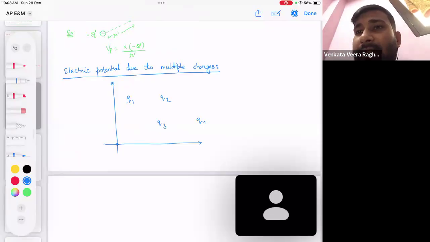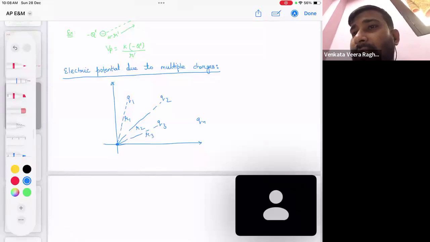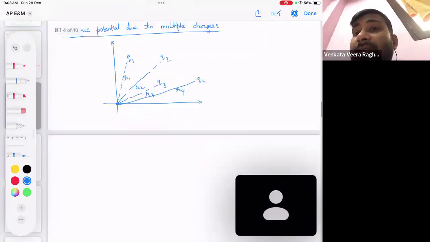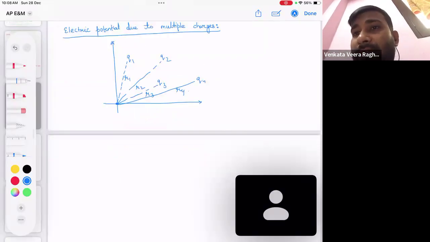So what will we need? We will need R1, R2, R3, R4. These are representing the position of the charged particles with respect to the origin.